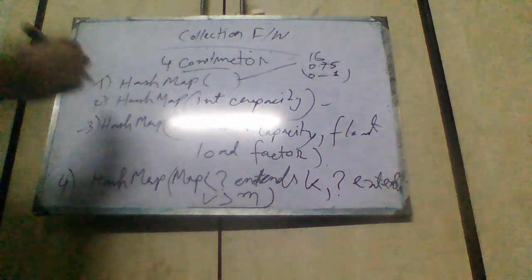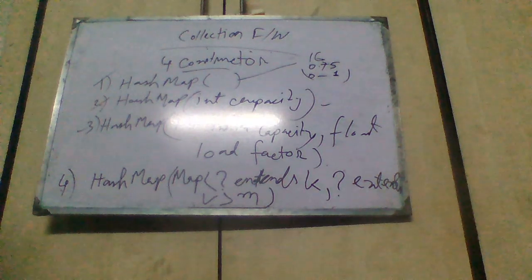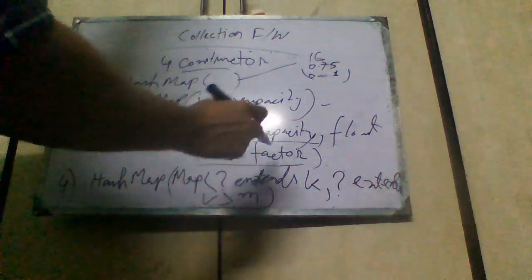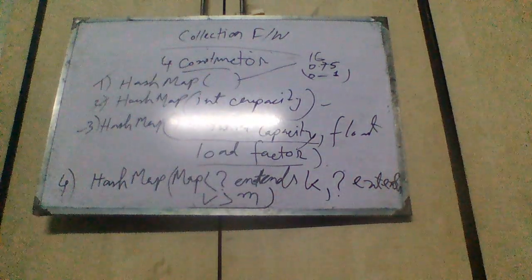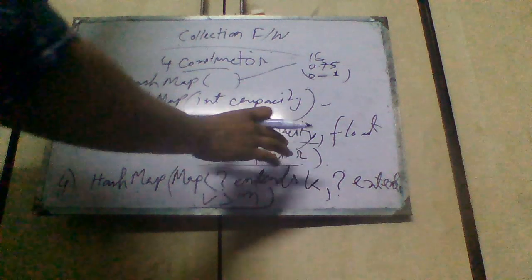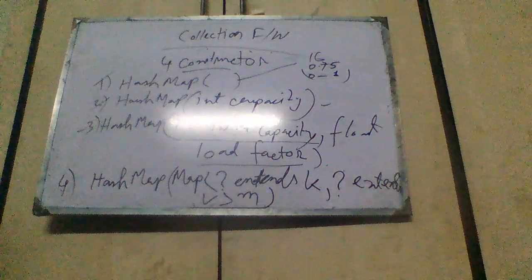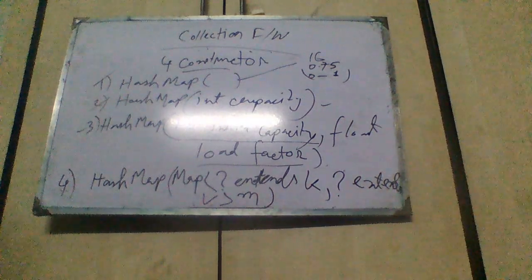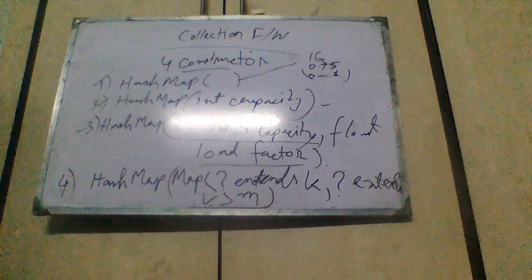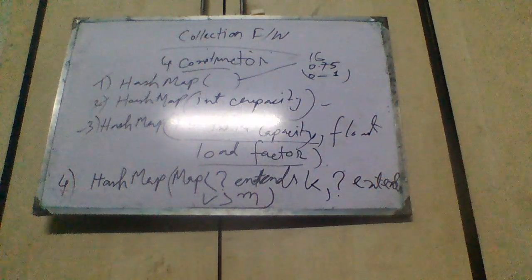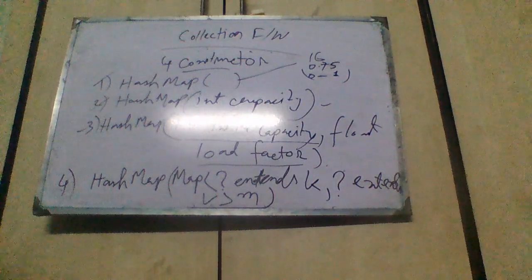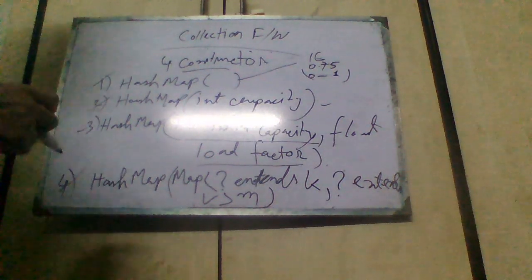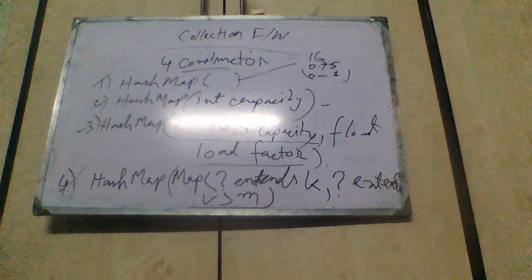Number three takes initial capacity and load factor, so we can define a user-defined initial capacity and load factor. Number four constructs a new HashMap with the same mappings as the specified map. We will see each and every constructor in practical.